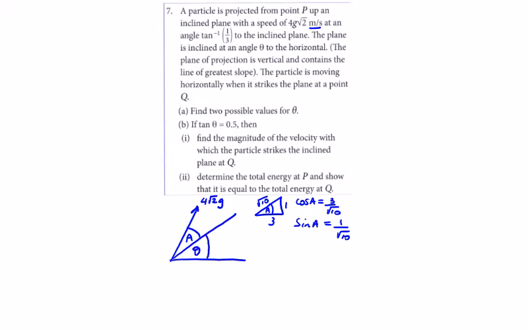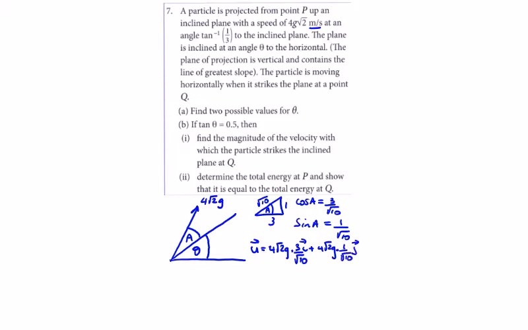My accelerations. Well, let's set up our initial vector first. We have u, which is 4 root 2g, by the cos of A, which is 3 over root 10, in the i direction, plus 4 root 2g by the sine of A, which is 1 over root 10, in the j direction.